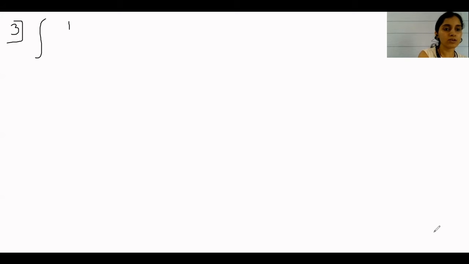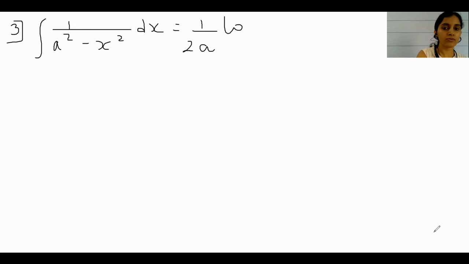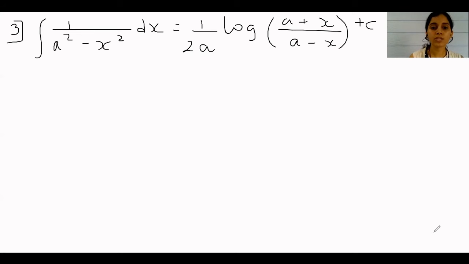Okay, so let's do the third one now. This is the integral of 1 upon a square minus x square dx, which is equal to 1 upon 2a log of (a plus x) upon (a minus x) plus c. Now you can use the exact same method that we used for the previous proof.